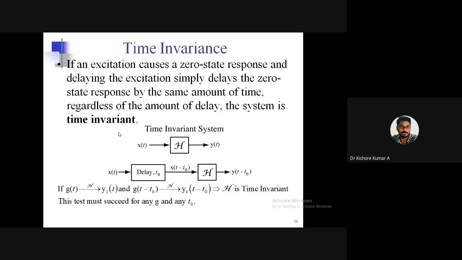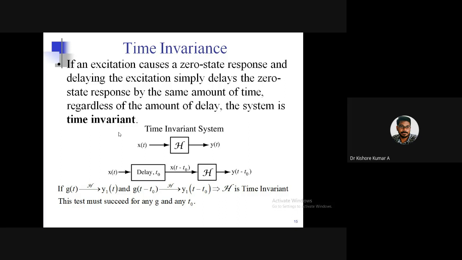Okay, and next we need to know whether the system is time invariant or time variant, based on the amount of delay. I can explain this concept clearly: if a particular system is excited by a zero state response and we delay the excitation, it simply delays the zero state response by the same amount of time.